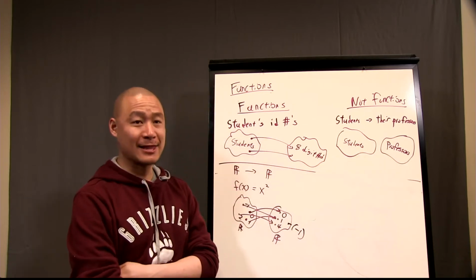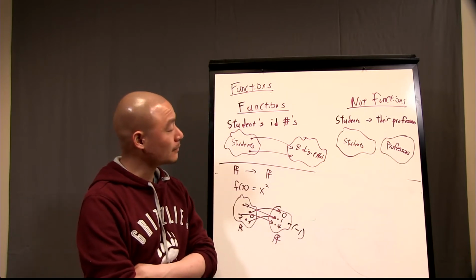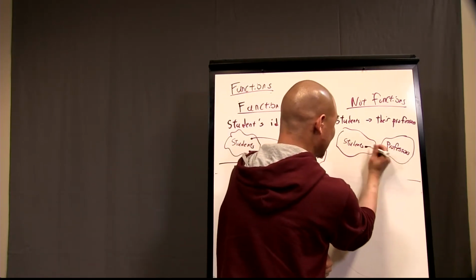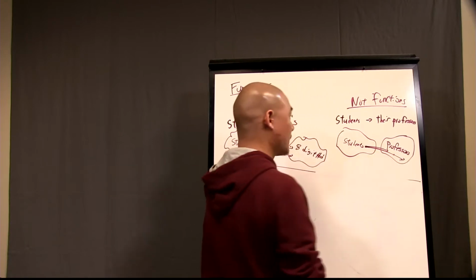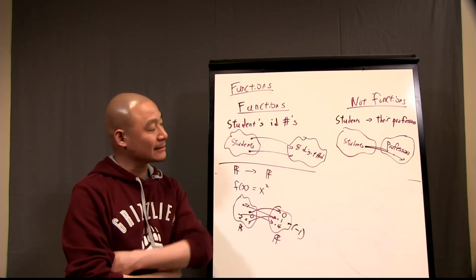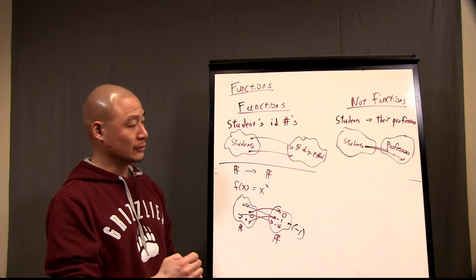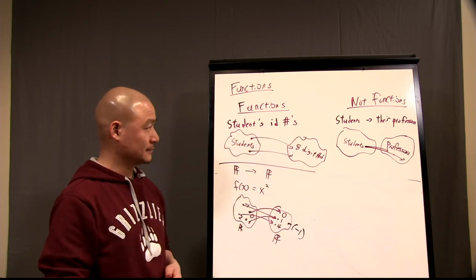The reason that this is not a function is because every student probably gets mapped to a bunch of different professors, right? And because of that, this doesn't qualify as a function. Every input needs to have one output.